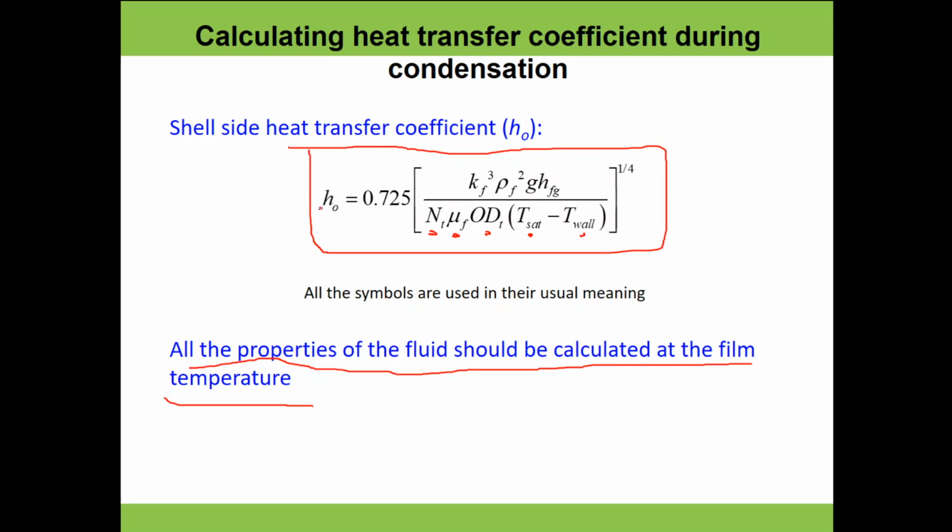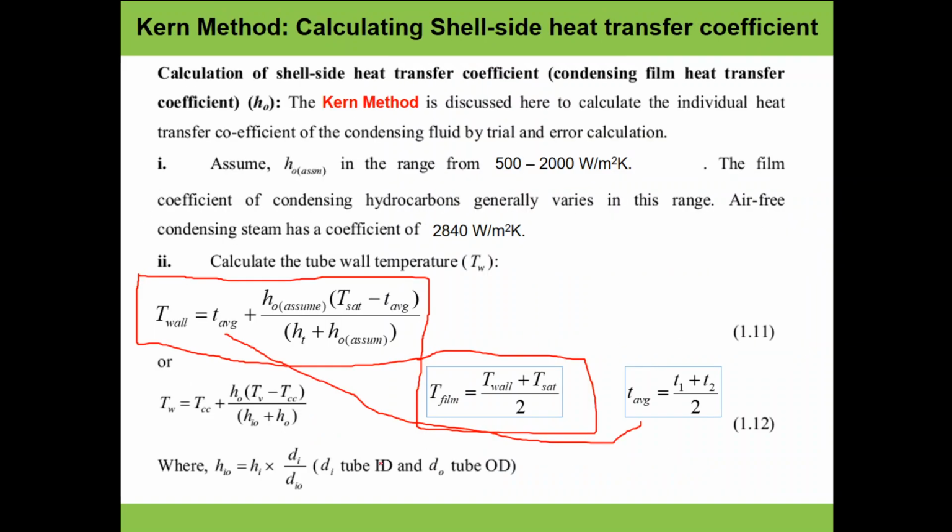Then you repeat this process: go back and use this formula to find T wall again, and now you have the value of H naught. You don't need to assume it anymore, because you did one iteration and got this H naught out of it. So when you have H naught, you can calculate T wall.